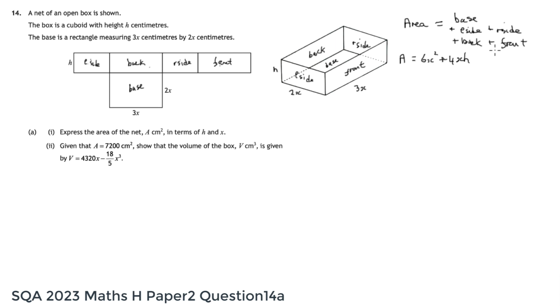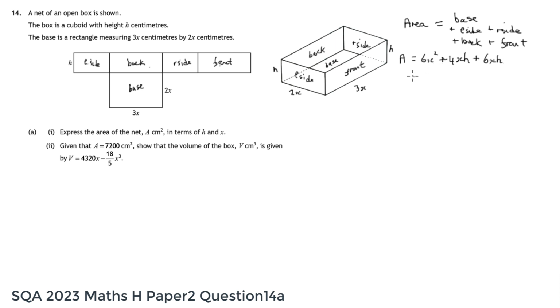And then the back and the front are identical, and that would be 3x times the height. That's that area, 3x times the height. So that's 6xh, 3xh plus another 3xh.